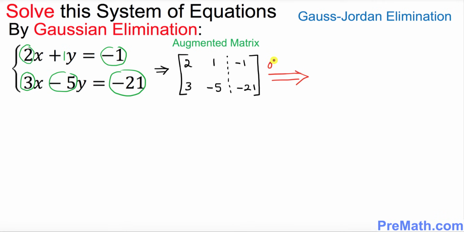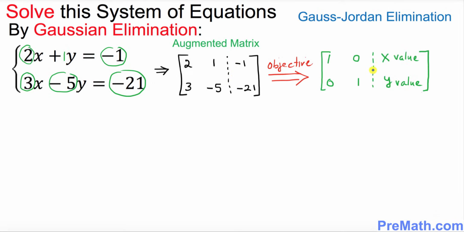Our objective, or our goal, is to make sure that this augmented matrix must look like this kind of matrix where we have ones only on the main diagonal, the rest are zeros. You can see that ones are only on the main diagonal.